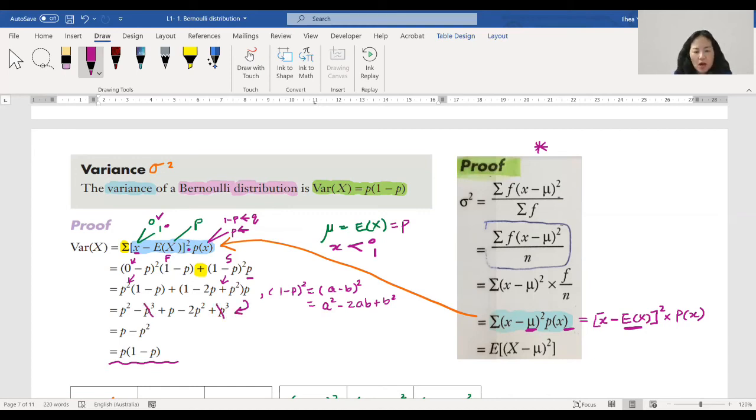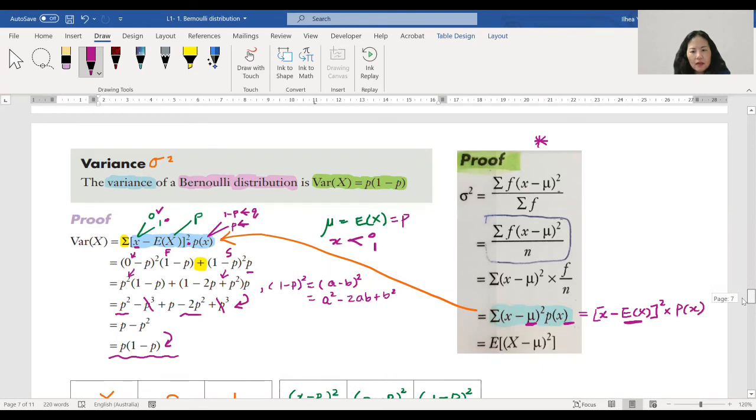It'd be p minus p squared, and then we factorise. So now you need to memorize this: variance of x equals p brackets 1 minus p. I think the hardest part is actually converting in your head the success expressions and the failure expressions.